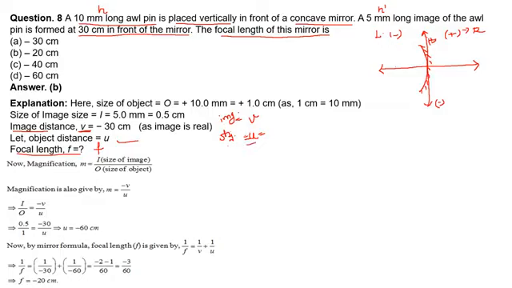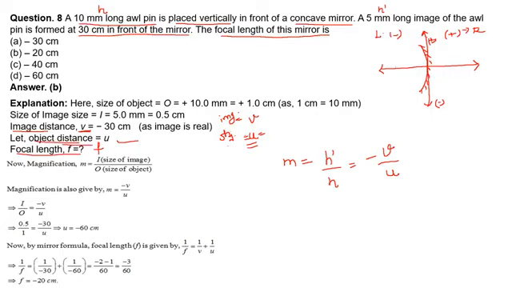So which formula are we going to use over here? We know that m is equal to the height of the image divided by the height of the object, which is also equal to minus v, the image distance, divided by u, the object distance. Using this formula we will find the object distance u.